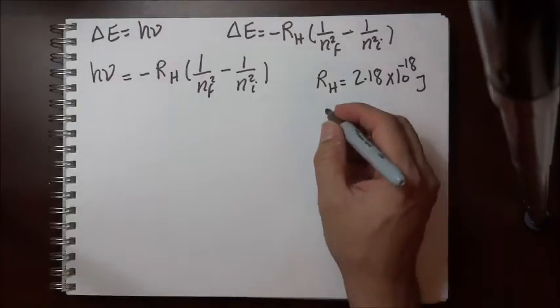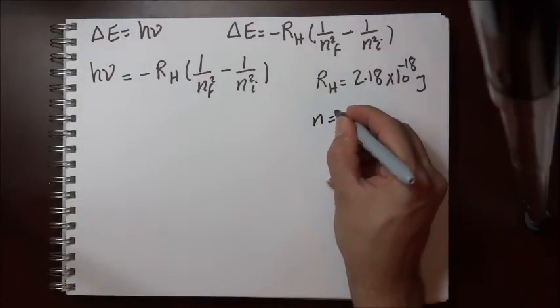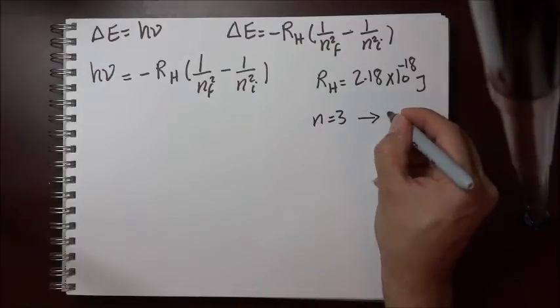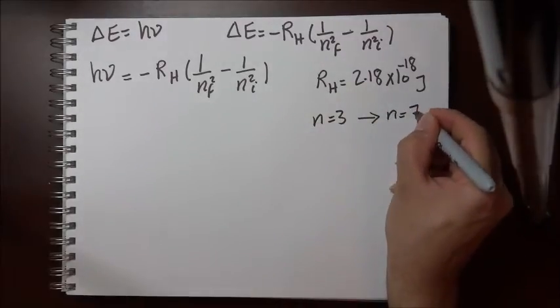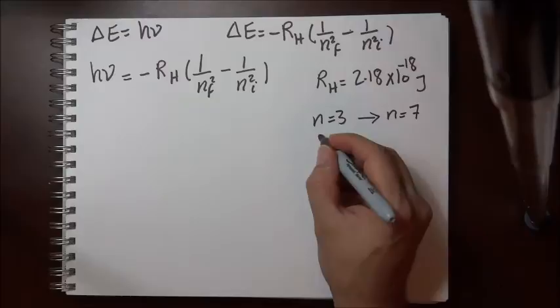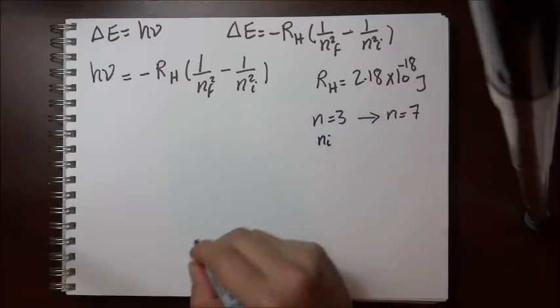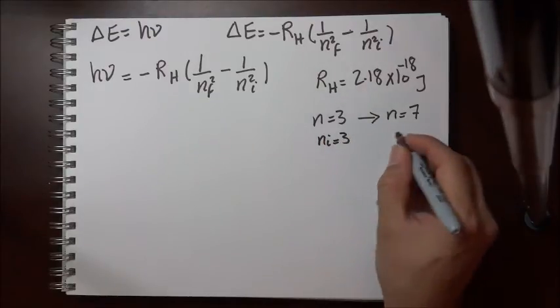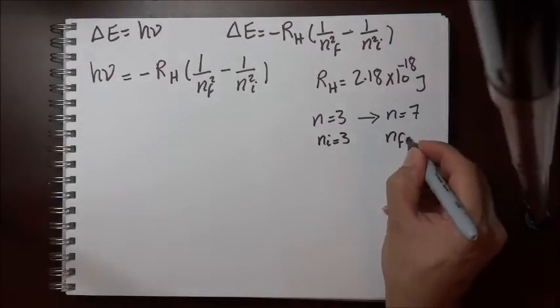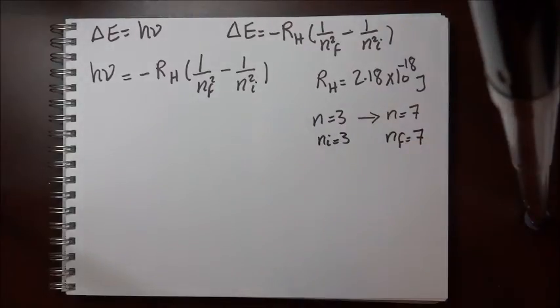We are sending electron from n equal 3 to n equal 7. So initial n is 3 and final n is 7.